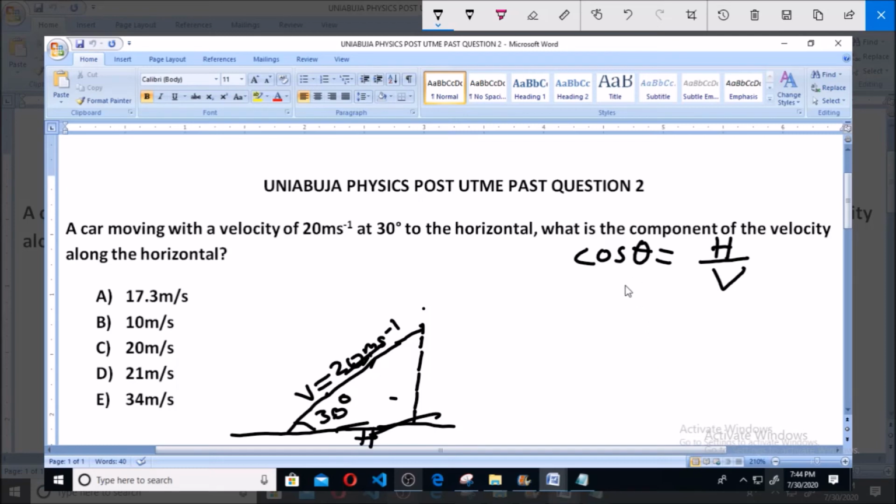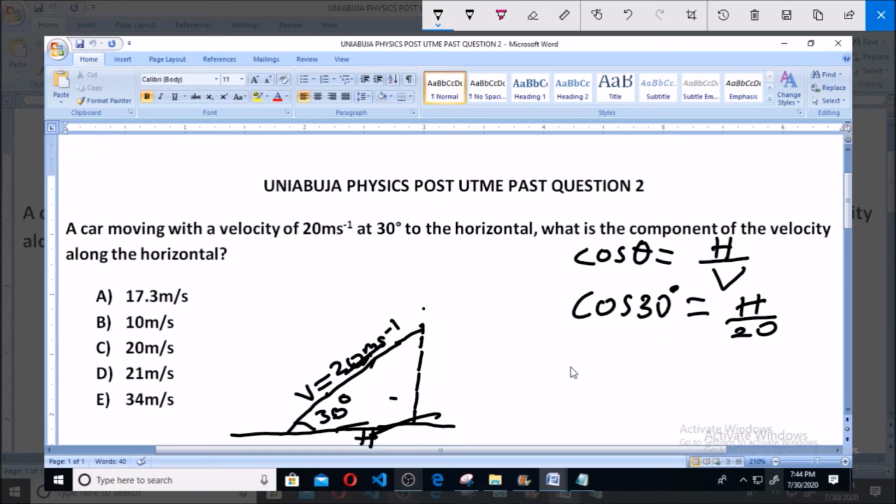So you have cos theta is equal to h over v. Now our theta is 30 degrees, so cos 30 degrees is equal to h, which is unknown, over v, which is 20.